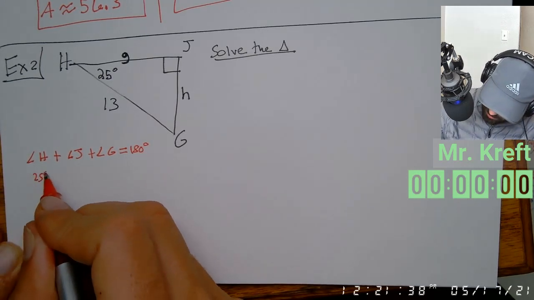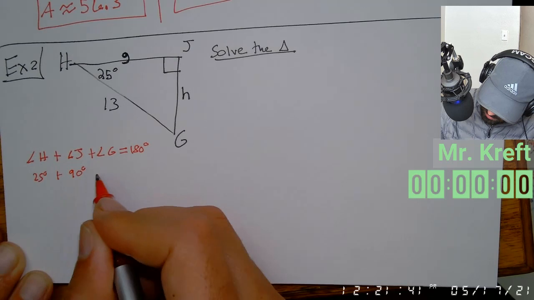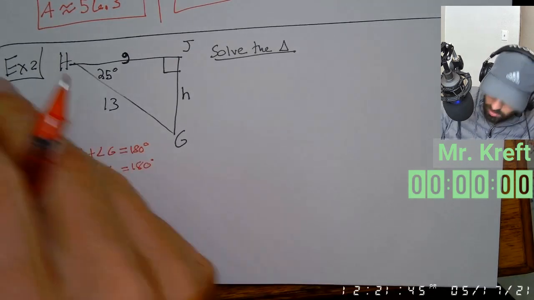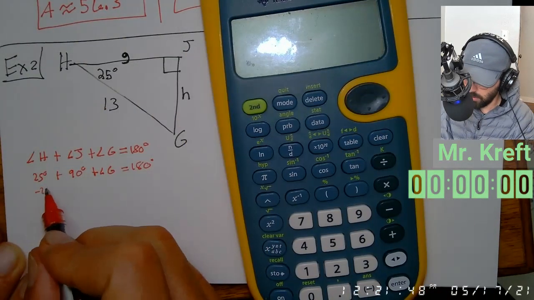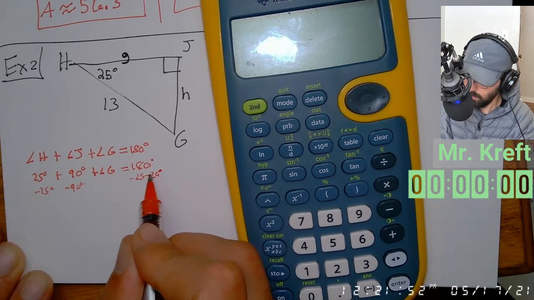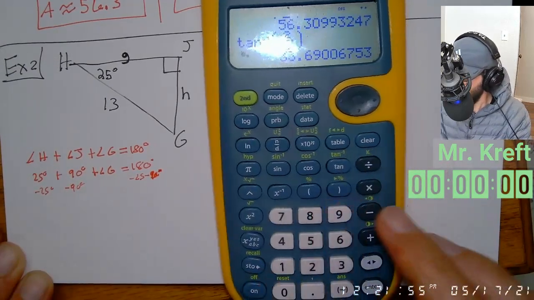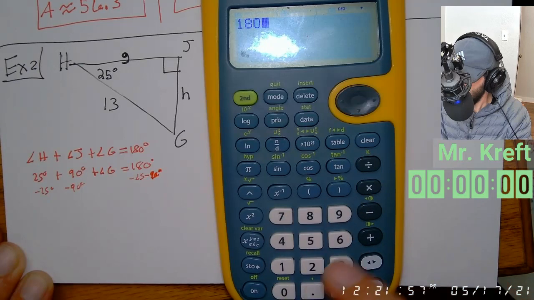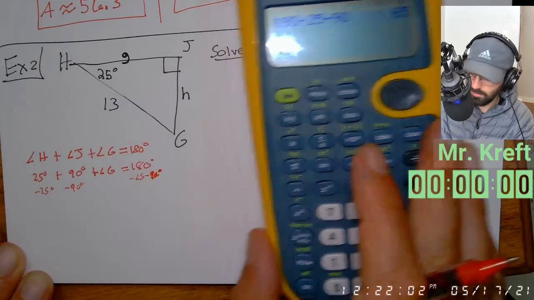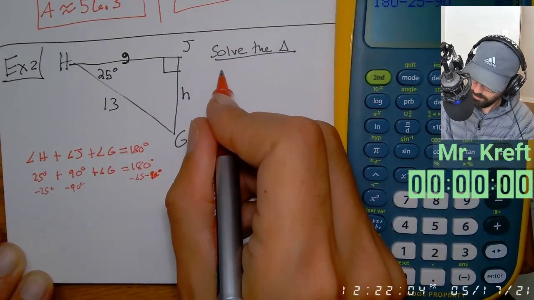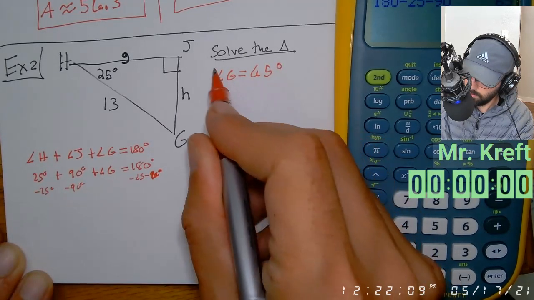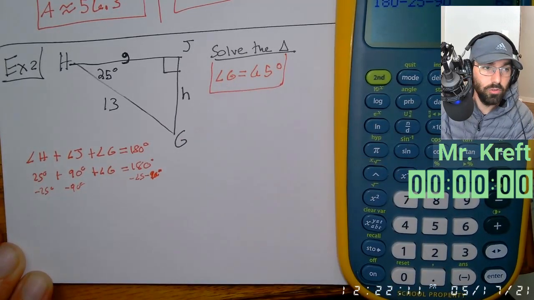And since angle H is 25 degrees and angle J is 90 degrees, we can find angle G. So to solve this, I'm going to subtract 25 and 90 from both sides. So I'm going to take 180 degrees minus 25 minus 90, and I get angle G is 65 degrees. Okay, so there's one of my answers, right?